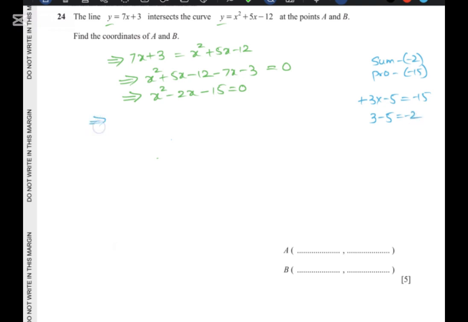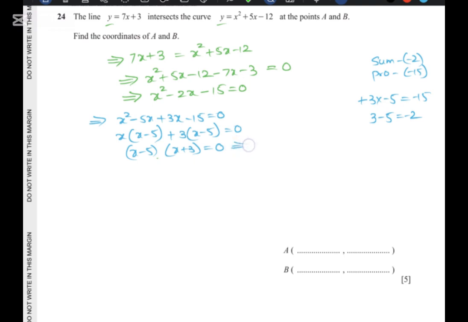So x square minus 5x plus 3x minus 15 is equal to 0. Taking x common in the first two terms, we get x into x minus 5, and in the second two terms we get 3 into x minus 5. Then taking x minus 5 common, you get x minus 5 into x plus 3 is equal to 0. This is the factorization done.